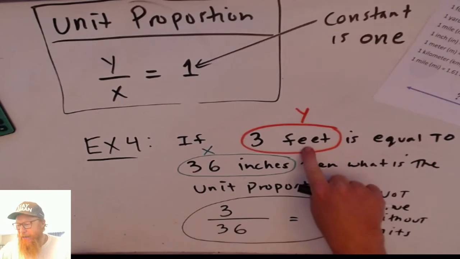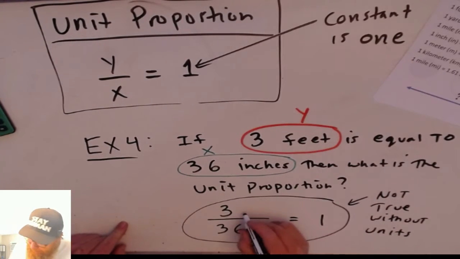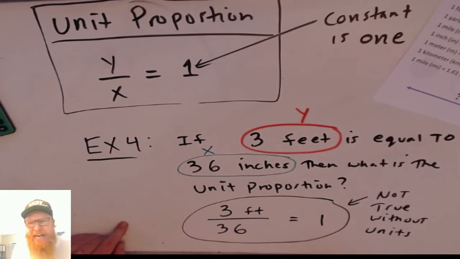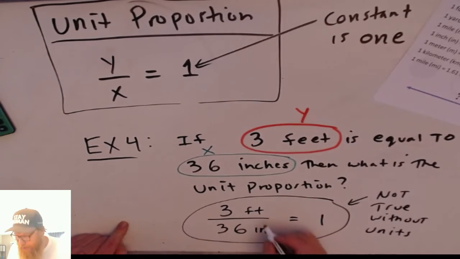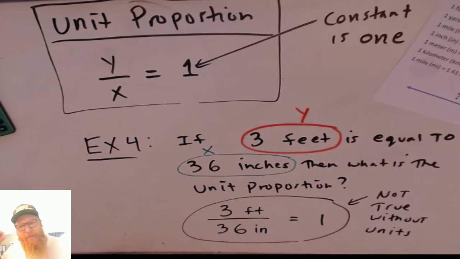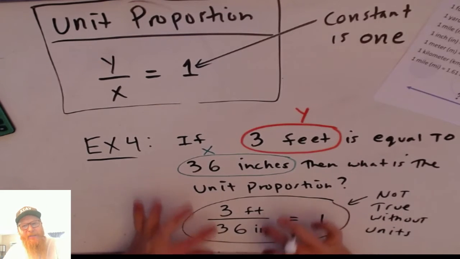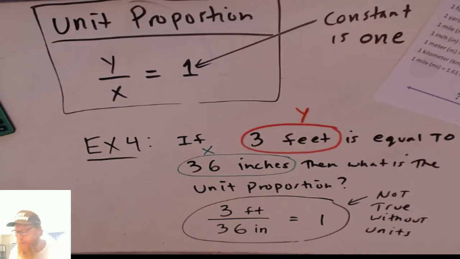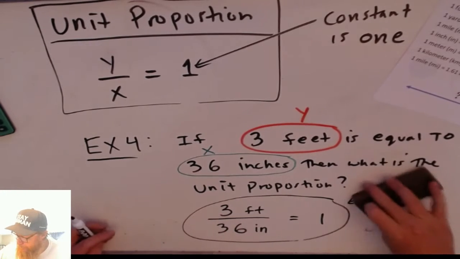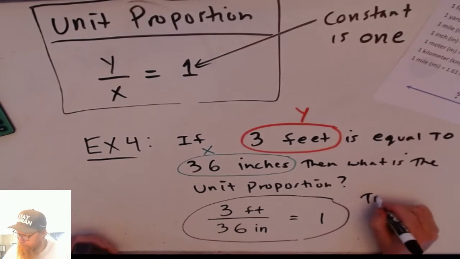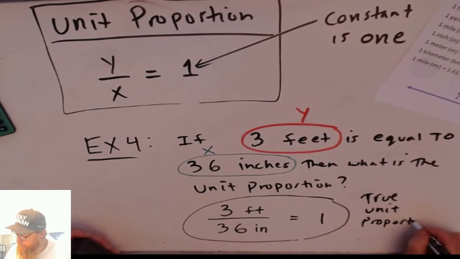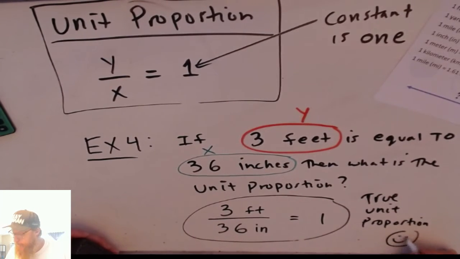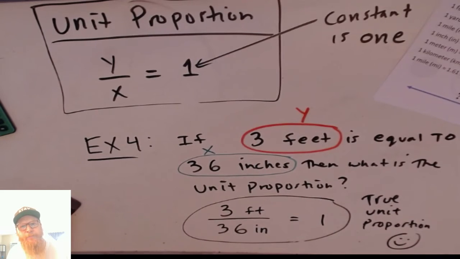However, 3 feet, I'm just going to put FT for feet, is in fact the same as 36 inches, IN for inches, and now this is a true unit proportion. Now it's telling the truth.